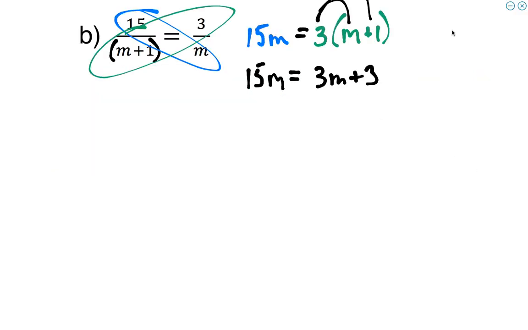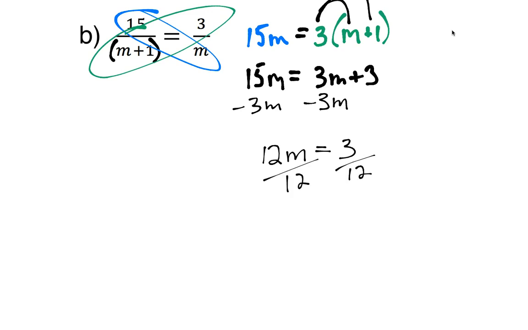Subtract 3m from both sides. Divide both sides by 12. M is 1/4 or 0.25.